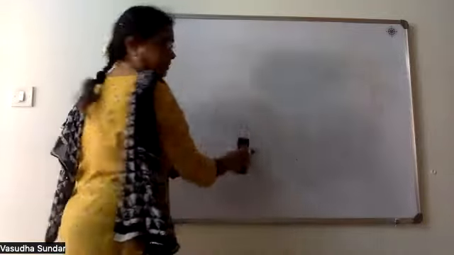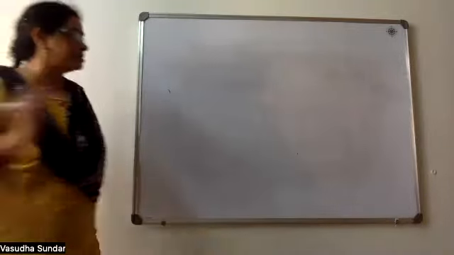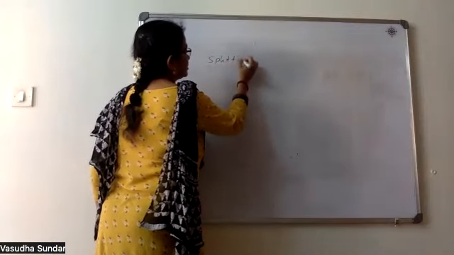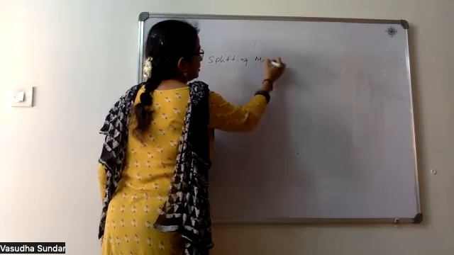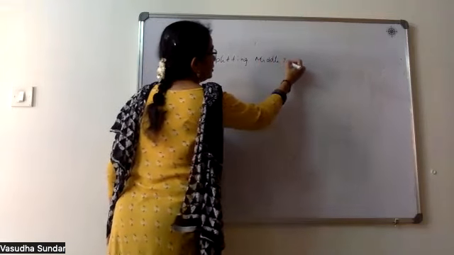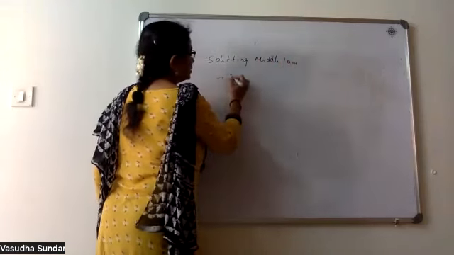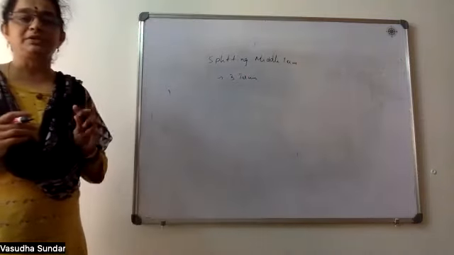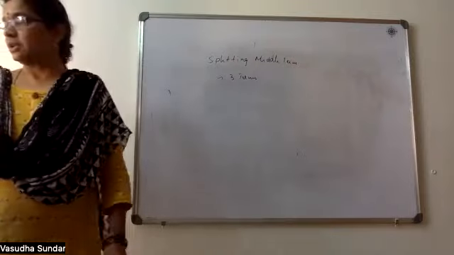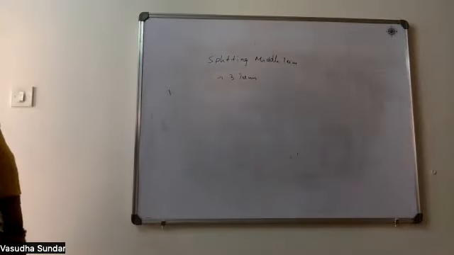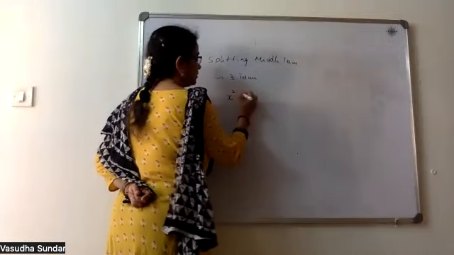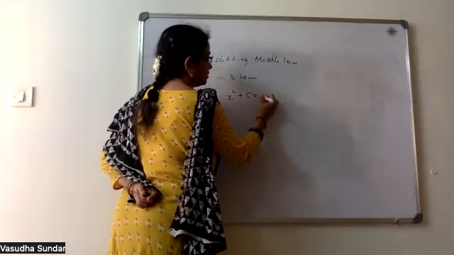So we'll be doing splitting the middle term, a very, very interesting way of factorizing. For splitting the middle term, you need minimum 3 terms. This is the condition. Now suppose I take a very simple problem, say x squared plus 5x plus 6.